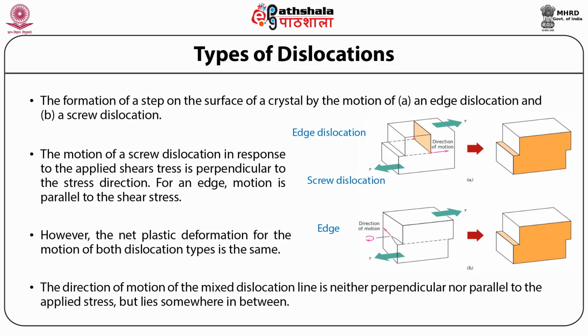The given figure shows the formation of a step on the surface of a crystal by the motion of an edge dislocation in the first part, and the formation of a step by the motion of a screw dislocation in the second part of the figure.